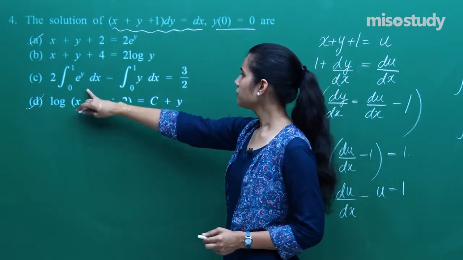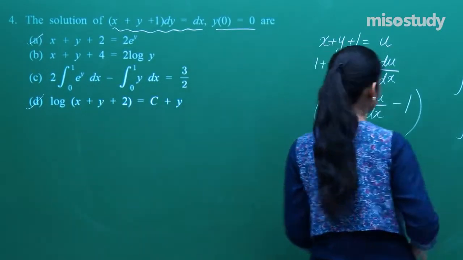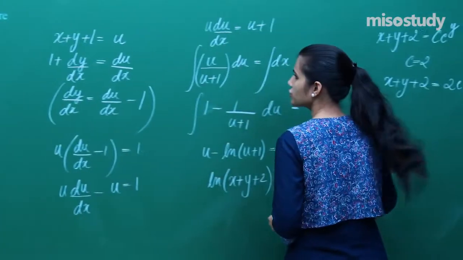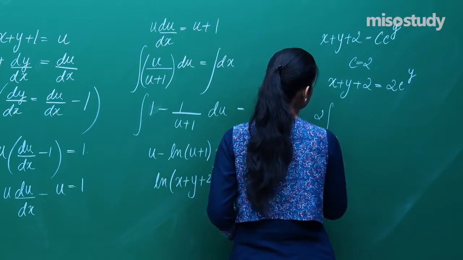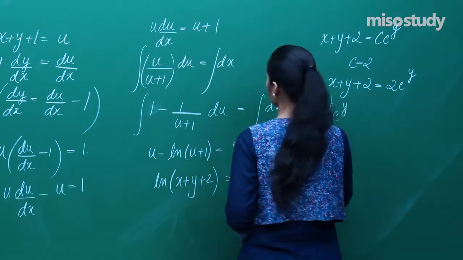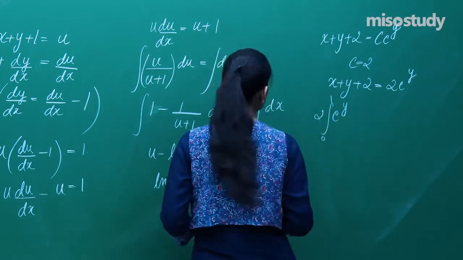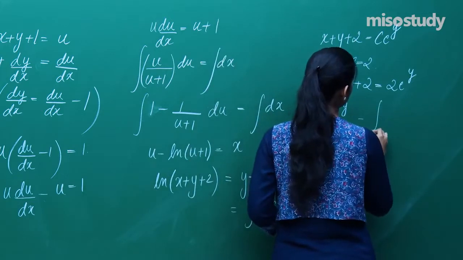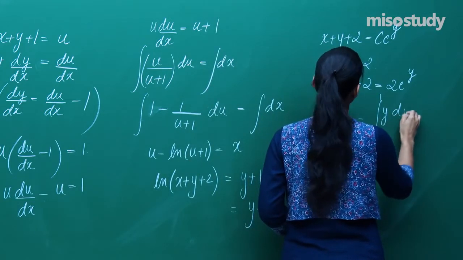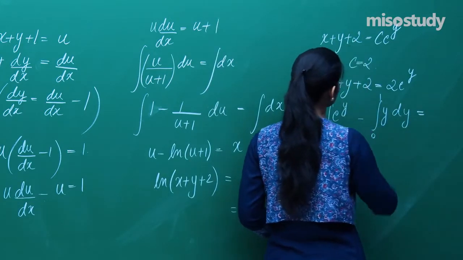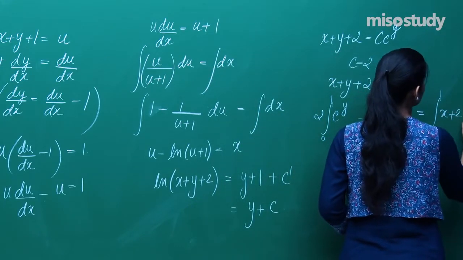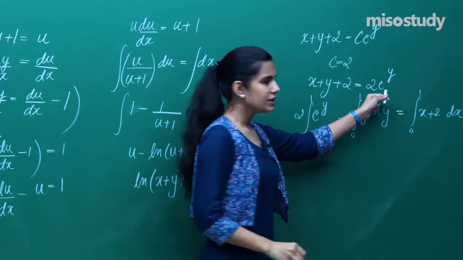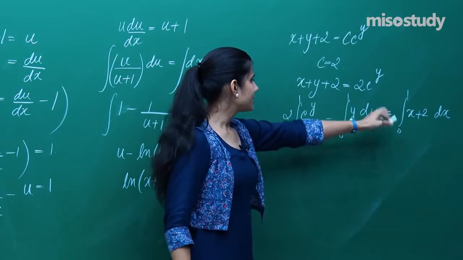Then you have twice of this minus this equals 3/2, right? So consider this is twice the integration 0 to 1 of e^y, minus integration 0 to 1 of y dy, equals integration 0 to 1 of (x plus 2) dx. Right, because 2e^y minus y is x plus 2.